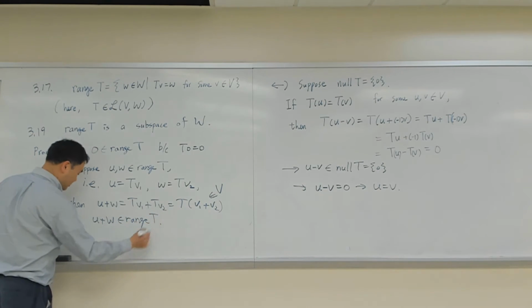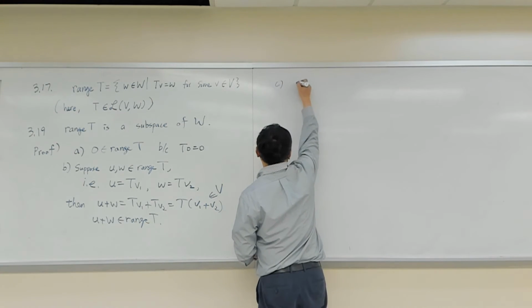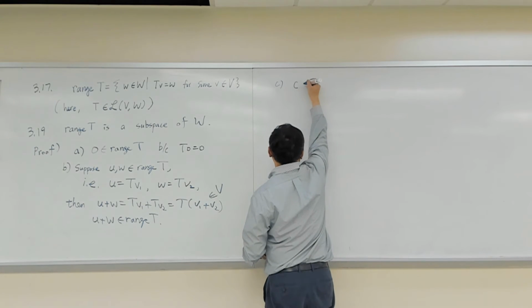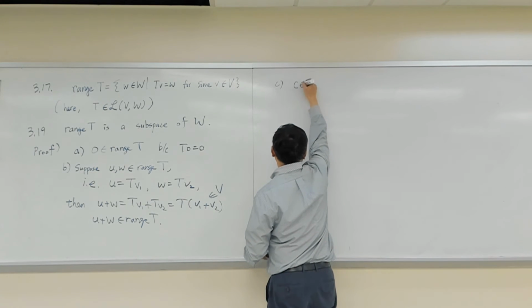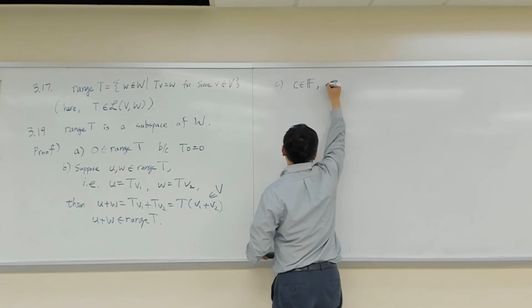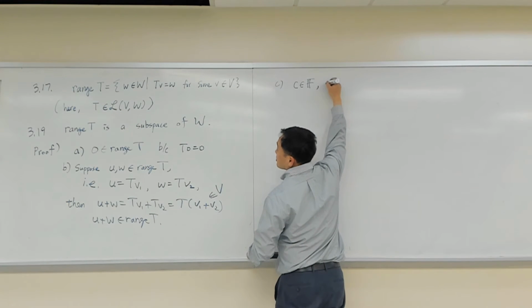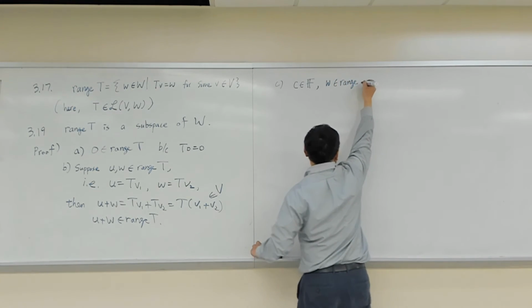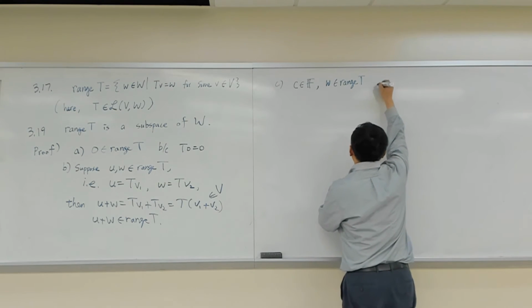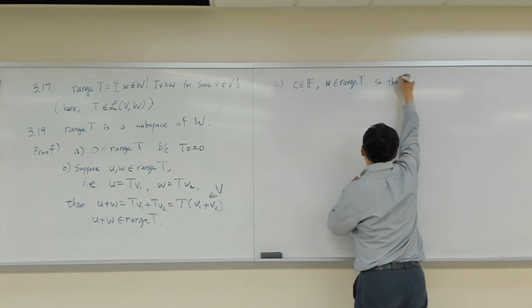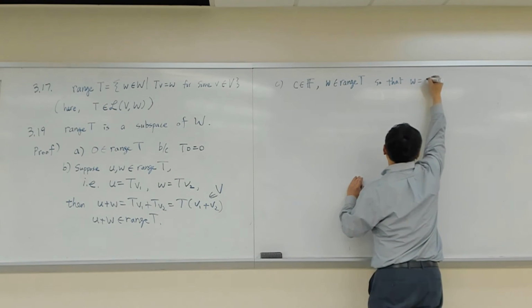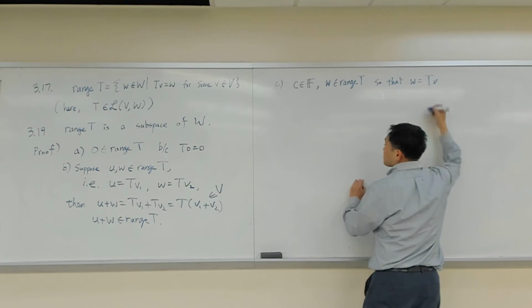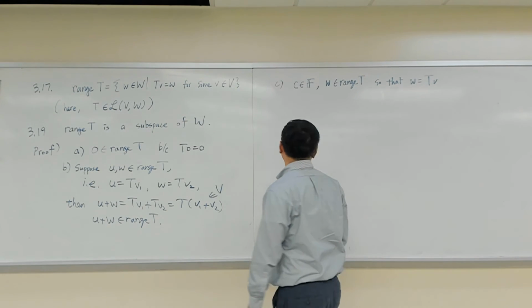of T. So C times, C is in F, and let's say W is in range of T, so that W is equal to T of V for some V, okay?